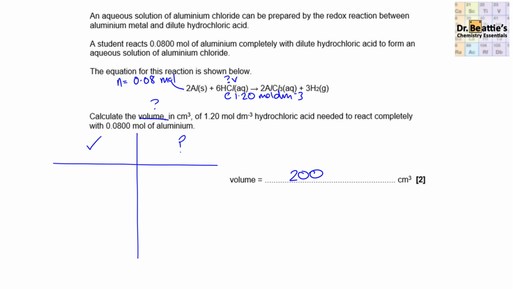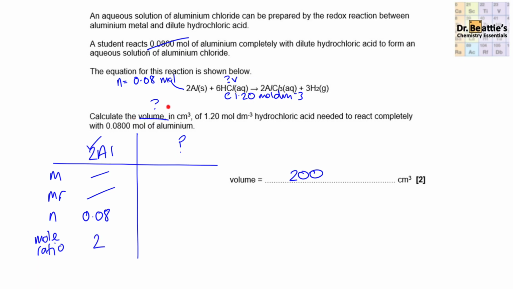But rather than going through n equals m over Mr, we're given the information straight away that we've got 0.08 moles of aluminium. Now at this stage, it's always worth crossing out any information that you use in the question, just to ensure that you've used all the information when you come to the end of the calculation, like we've done here. Because the equation tells us it's 2 aluminium to every 6 HCl that need to react, our mole ratio is going to be 2 here.